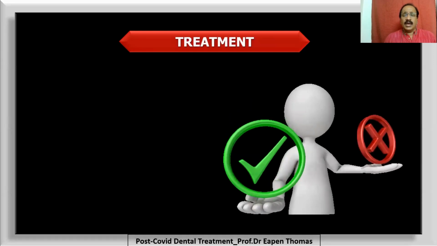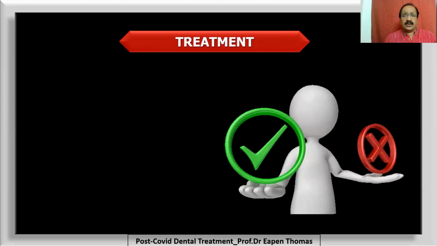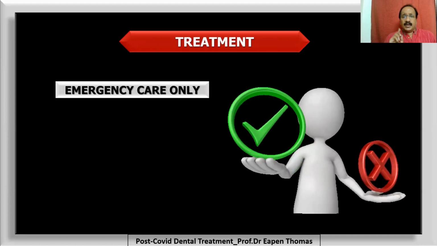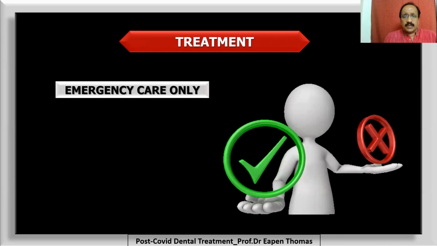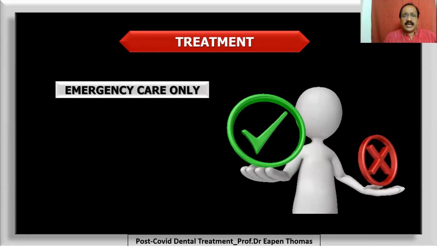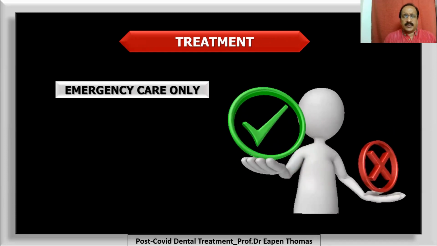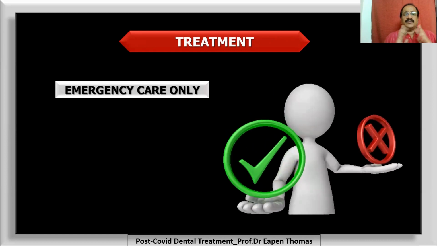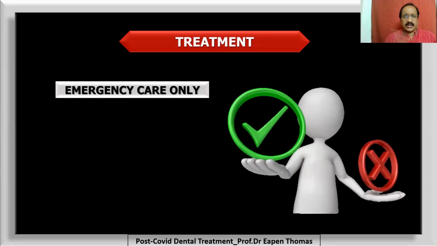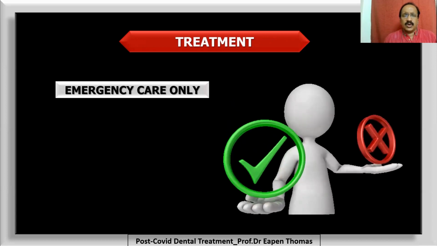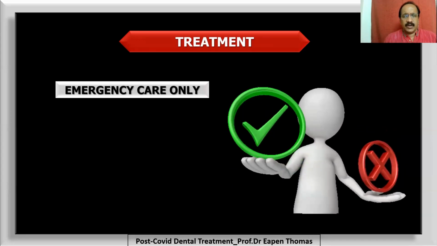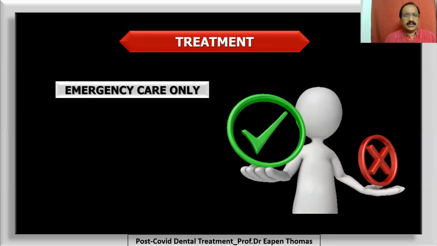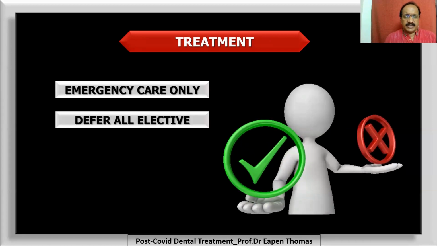Now, coming to the treatment or the management part, or the final treatment. In patients who come to you post-COVID, if any of the signs and symptoms you have noticed from the external and internal findings is suspicious, do not attempt any treatment for that particular patient. You can resort only to emergency care, something like pain relief, anything of that sort. Do not attempt any other major procedures in such a patient.